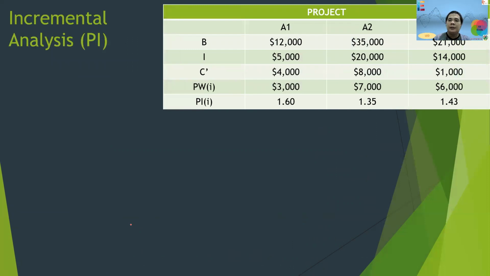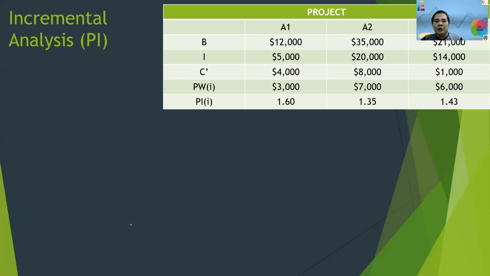So assuming that you have the same given as the benefit cost ratio, or the same alternatives but different values, your A1's B is 12,000, I is 5,000, and C hat is 4,000. The present worth for that one is $3,000.